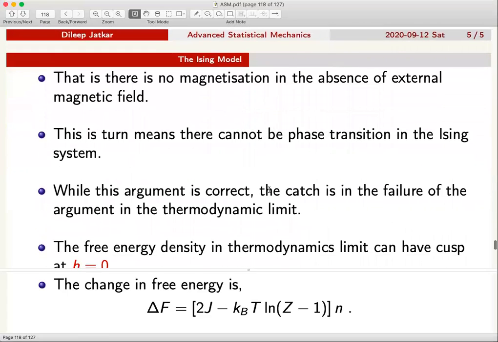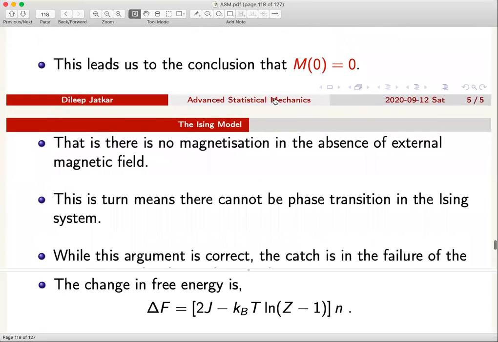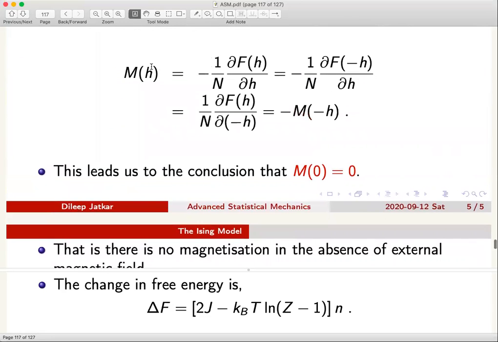Let me say what the problem is. This statement that M of H is equal to minus M of minus H implies that when H goes to 0, M of 0 equals minus M of 0, so it is 0. This statement assumes that these quantities are actually analytic everywhere.